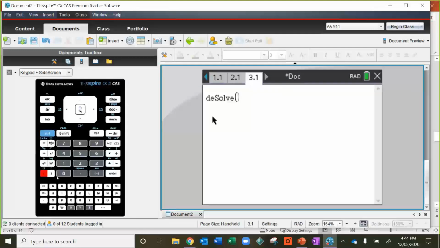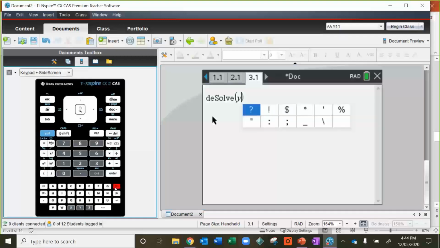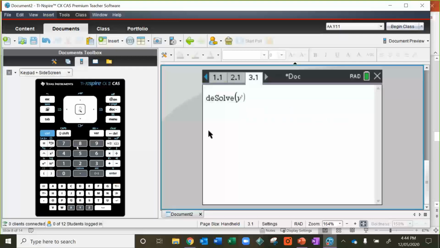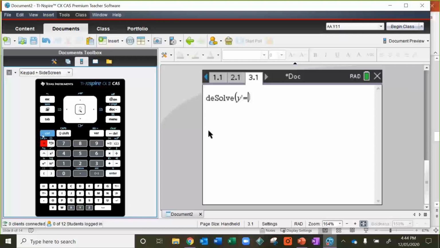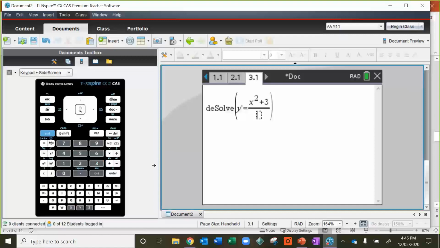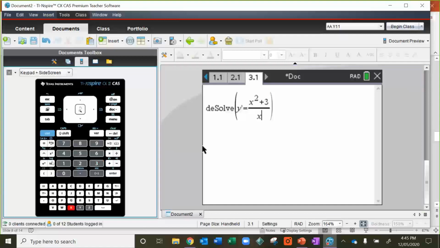So our equation, that was the first derivative, so we say y dash is equal to, and we use a fraction, and the equation was x squared plus 3 over x squared plus 4.